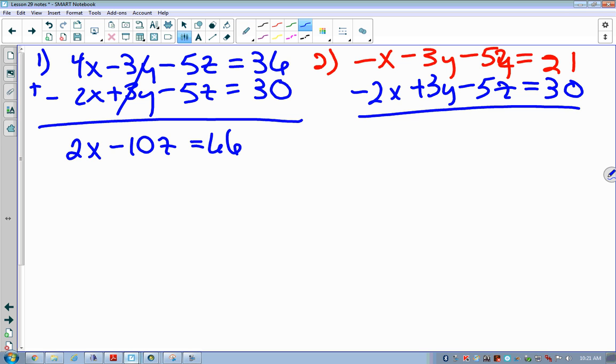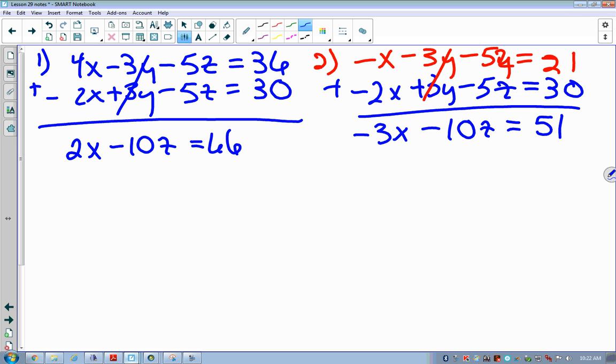And do we see how I can still add those together and still eliminate the y's? So what's negative x plus negative 2x? Negative 3x. Negative 1 plus negative 2 is negative 3. Then we have negative 5z plus negative 5z gives me negative 10z. Now I've got 21 plus 30 is 51. So that was step 2.